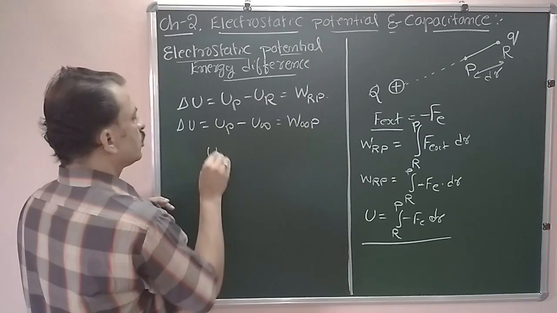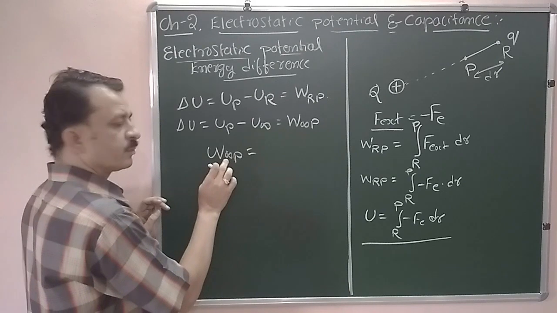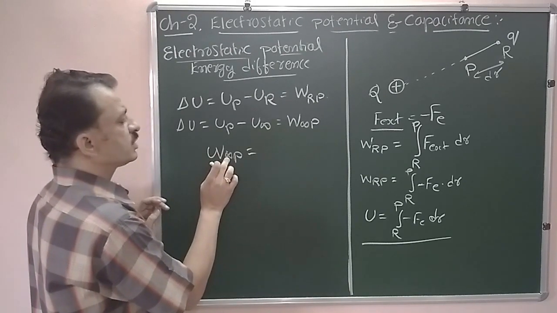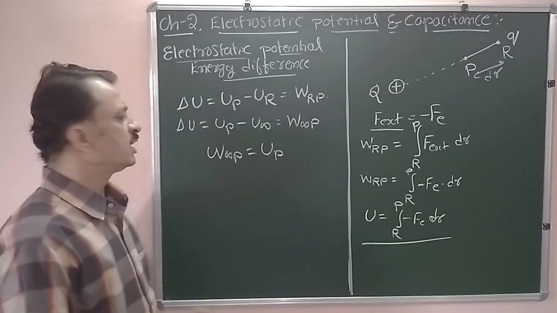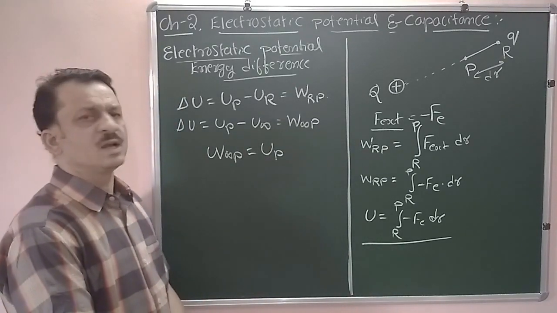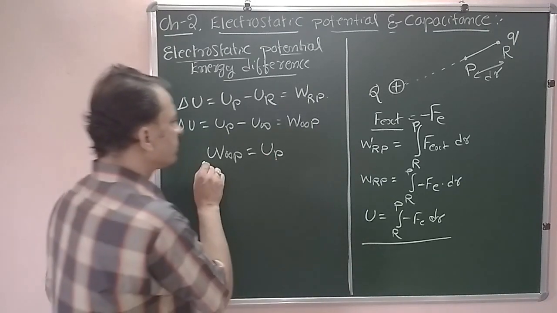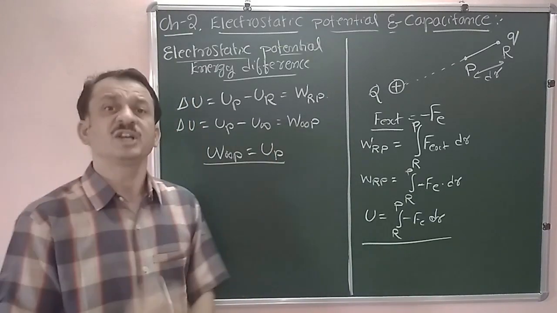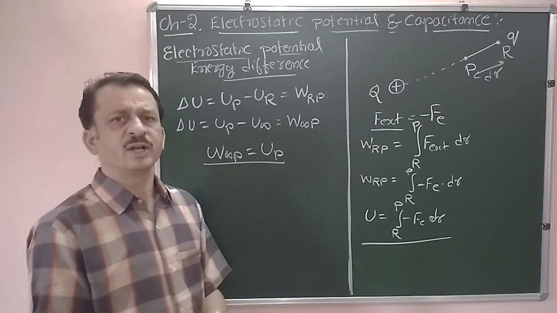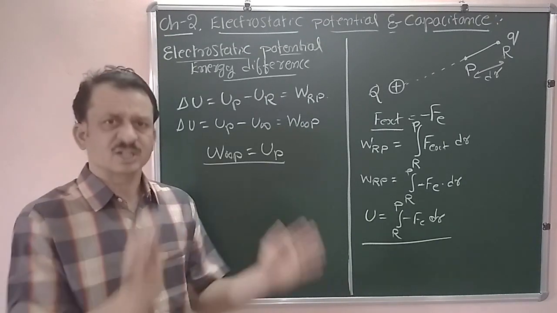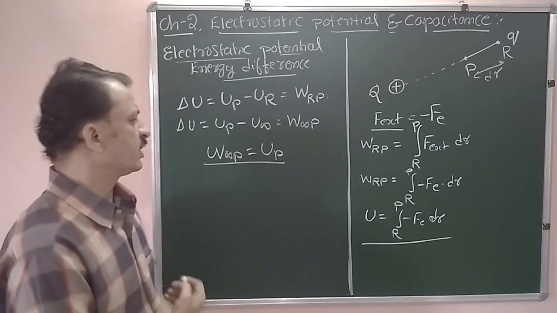So therefore, W from infinity to P, the work done in moving the charge from infinite distance to the point P, is nothing but the potential energy of that charge at the point P. Now from this we can define the potential energy of a charge at a point due to some other external electric charge or electric field configuration.